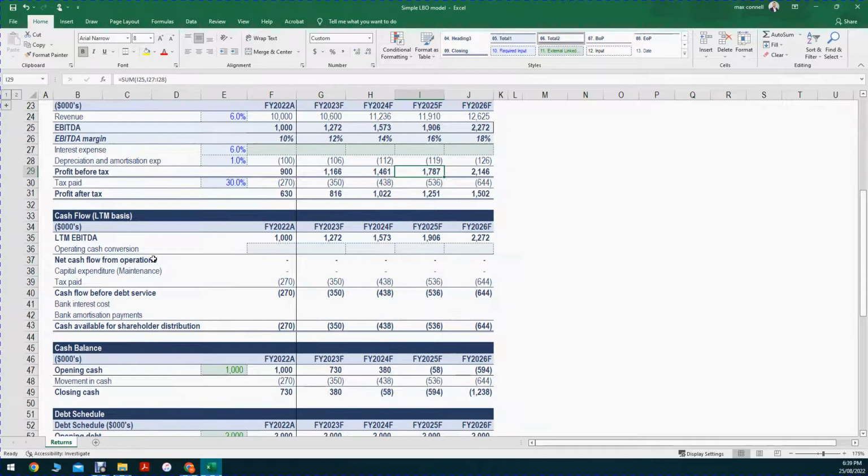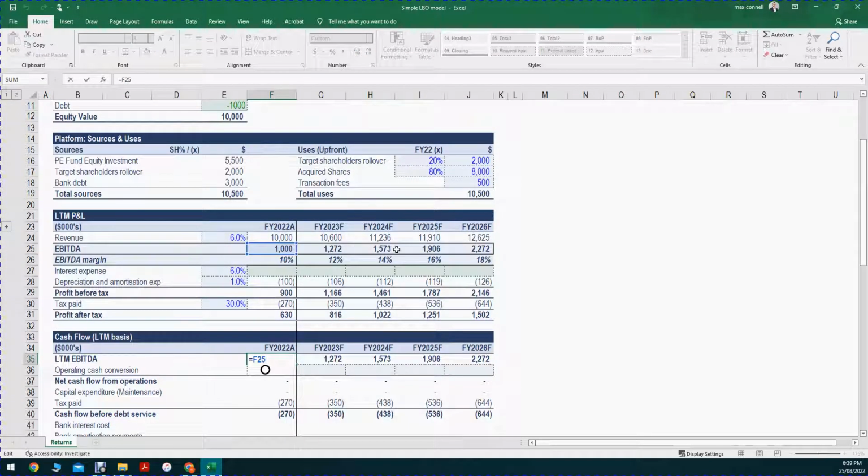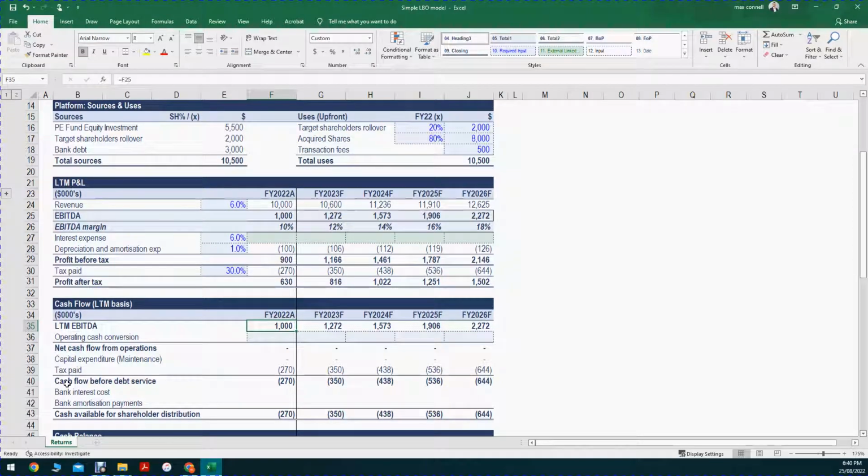Okay, so next we also need to know cash flow. So we already know our EBITDA because that's linking up here. But EBITDA is not the same as cash flow. There's other things in between. For example, working capital movements, capital expenditure, tax, interest, and then any payments towards paying down your debt.